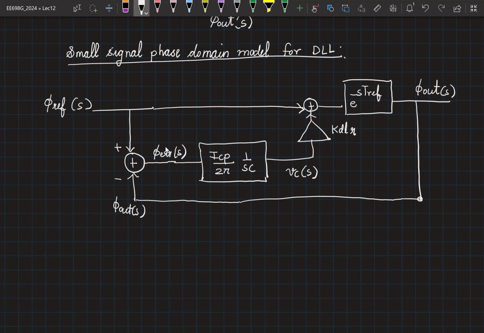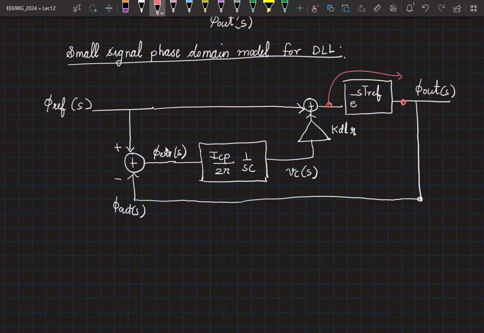Okay? So now your signal is taking some time to go from this point to this point, correct? But given that this loop is settling very, very slowly, what comment can you make about this delay? The delay from this point to this point. You know that the loop is going to settle very, very slowly.